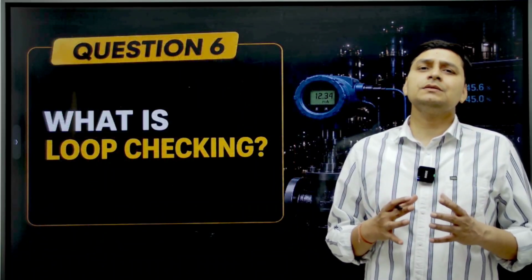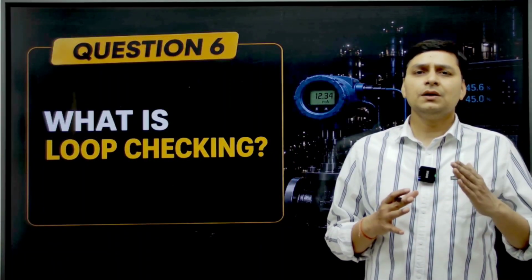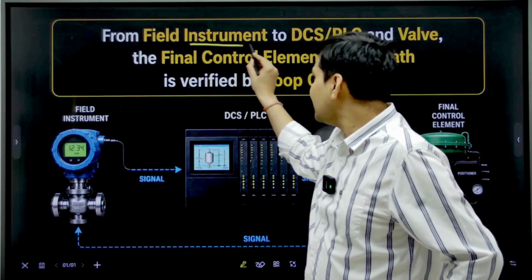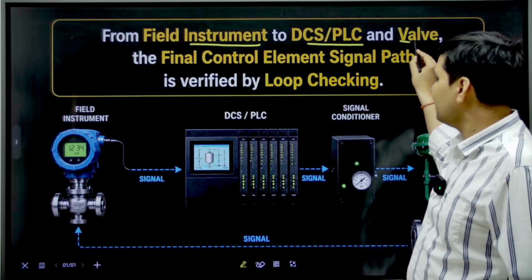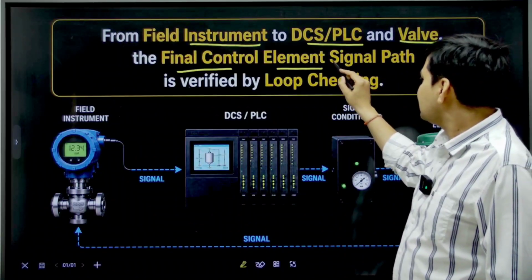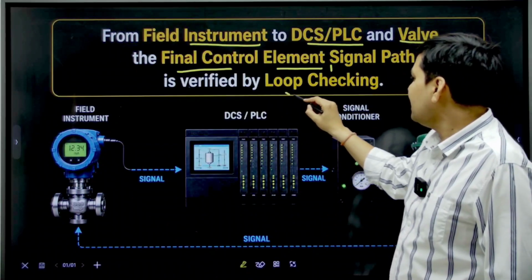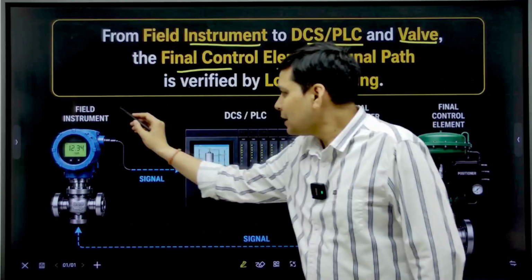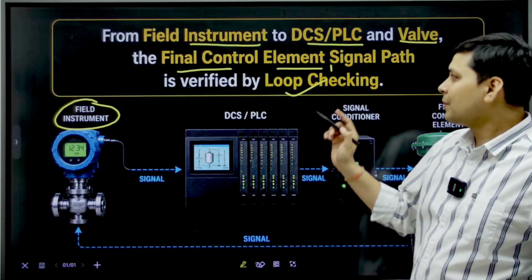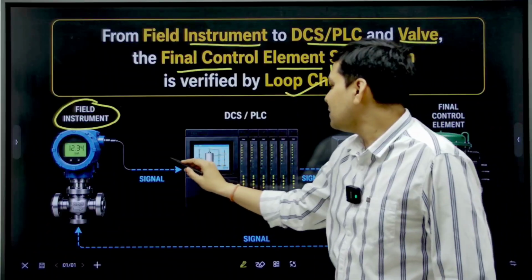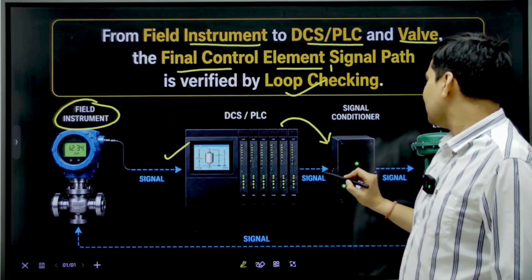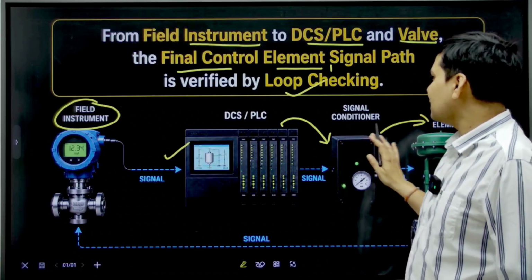The next question is very important for you. What is loop checking? Its simple answer is: from the field instrument to the DCS, PLC and valve, the final control element, the signal path is verified by loop checking. Suppose an instrument is installed anywhere in the field, its connection is given to the PLC or DCS, and then the output is given to a control valve, a final control element.